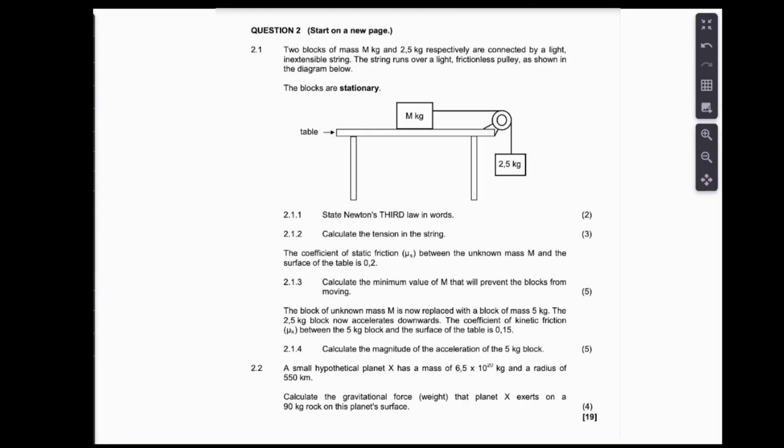Two blocks of mass M and 2.5 kg respectively are connected by a light inextensible string. The string runs over a light frictionless pulley as shown in the diagram below.